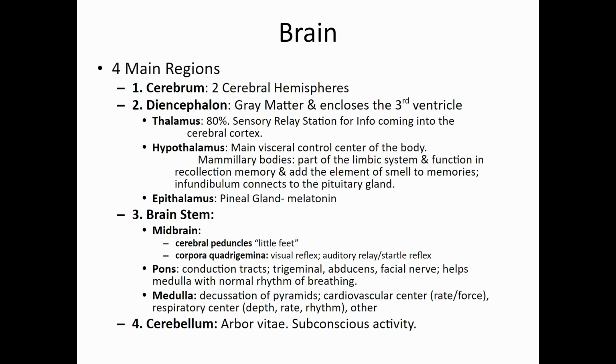Below the midbrain is the pons. That's really just a conduction tract to communicate between the midbrain and the medulla. And the medulla has a lot of respiratory, cardiovascular, and other important autonomic centers that help regulate things like heartbeat, heart rate, respiratory rate, and depth. So any damage to this medulla can be very fatal.